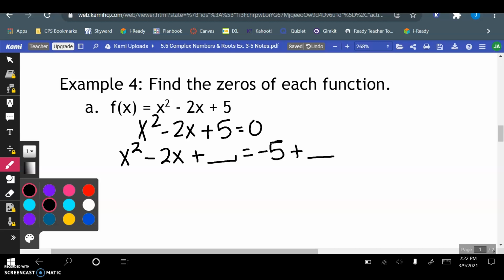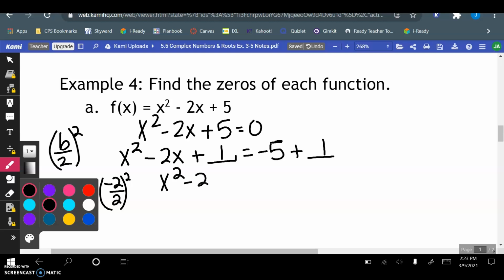And remember, completing the square, we have to add b over 2, b over 2 squared actually, to both sides. And b in this case is -2. So -2 over 2 squared, that would be -1 squared, so that would be a 1. So we're going to put a 1 in both of those spots. So simplified, we have x squared minus 2x plus 1, and then -5 plus 1 is -4.